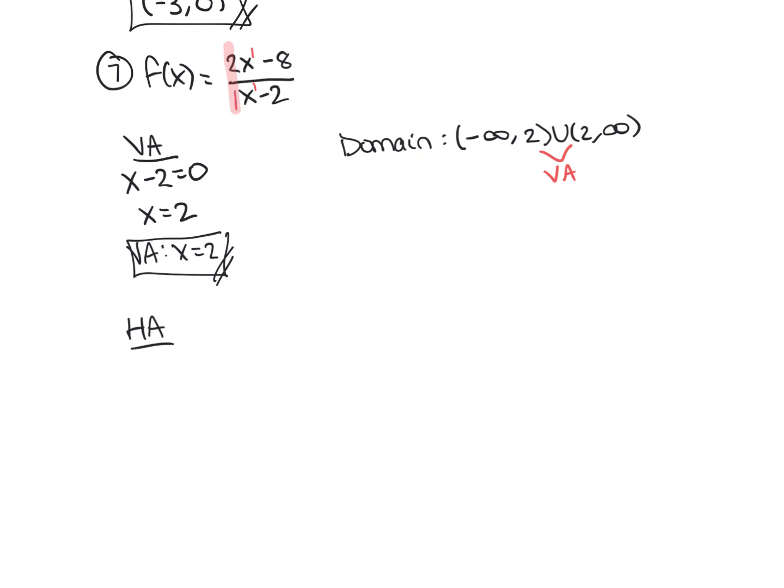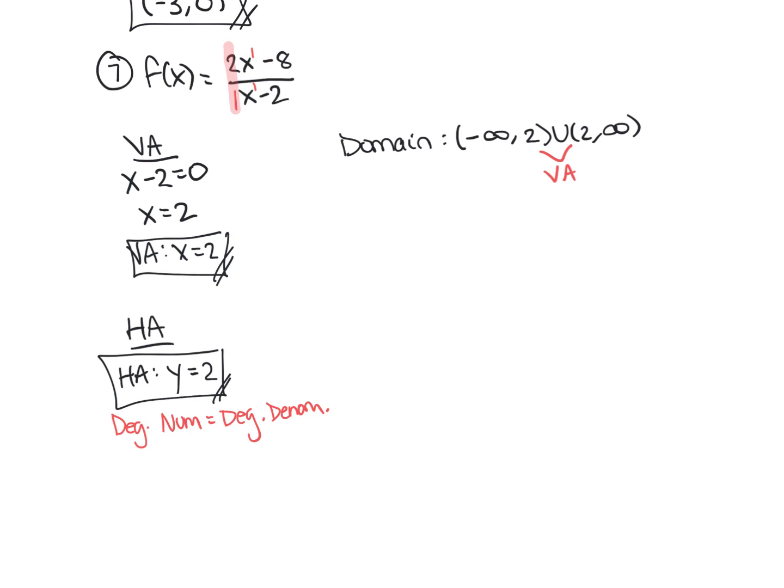And 2 over 1 is just 2. So we're going to say that our horizontal asymptote is y is equal to 2.